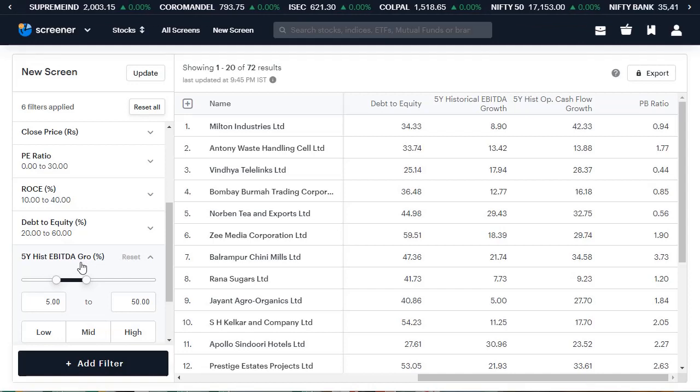We will not go much into the depth of EBITDA and how it is calculated, but on a basic sense, EBITDA is the overall gross profit of the company that it makes after subtracting the operating costs of the business and the general cost that the company incurs for the day-to-day running of the business.